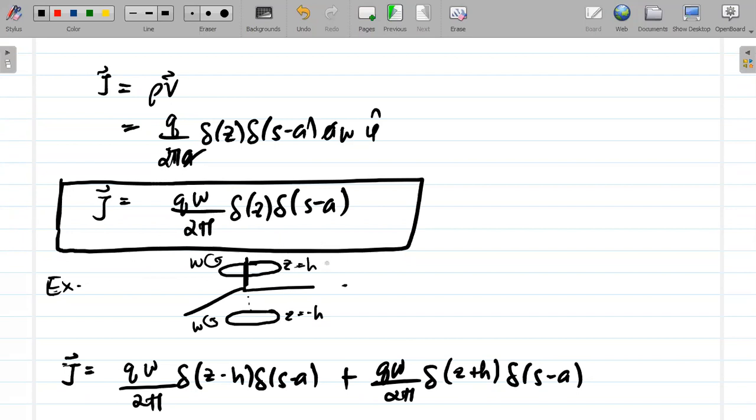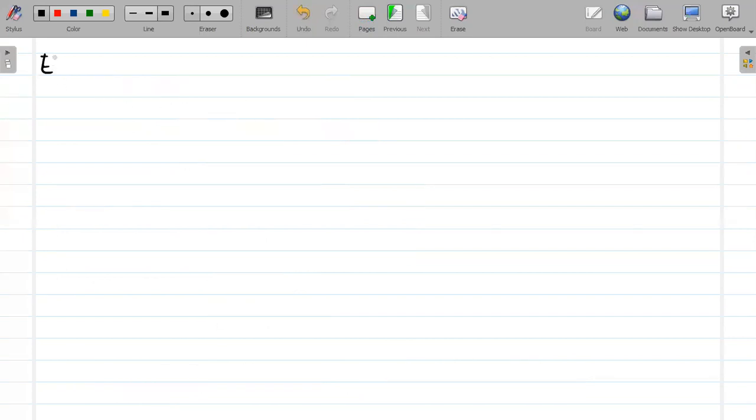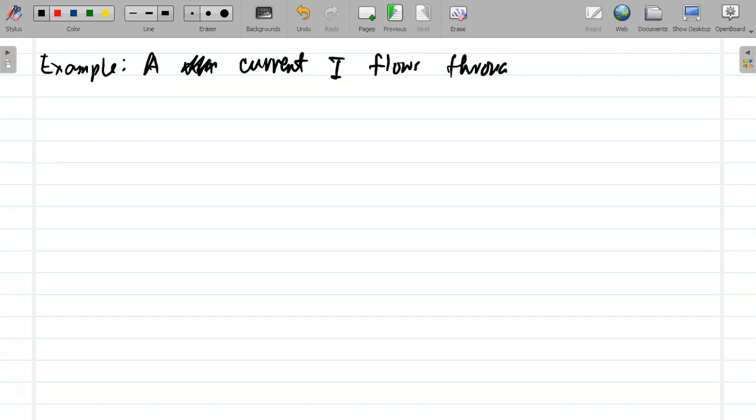Okay. Now class, madaling example naman tayo. Kapag may Dirac delta kasi parang medyo intimidating, di ba? Suppose walang Dirac delta. So a uniform current I flows through a wire na may circular cross section.